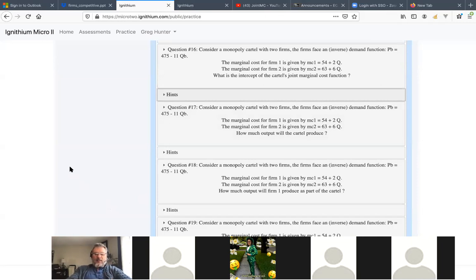But before I go ahead and give you guys some time to work on this, I'm going to say, find the equation for the joint MC, then find the value of output.